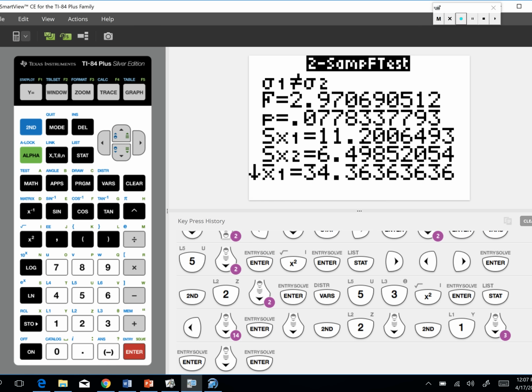And then notice your calculator will give you the p-value. So this one might be worth checking out, even just for the sake of finding the p-value, because p-value takes a little bit more work if you're using the table for this one compared to a t-test or compared to what we did with chi-square last unit. So this one might be worth checking out just for the p-value alone, I would say.